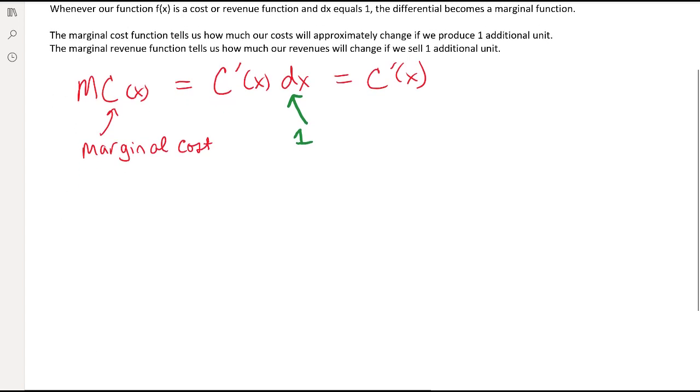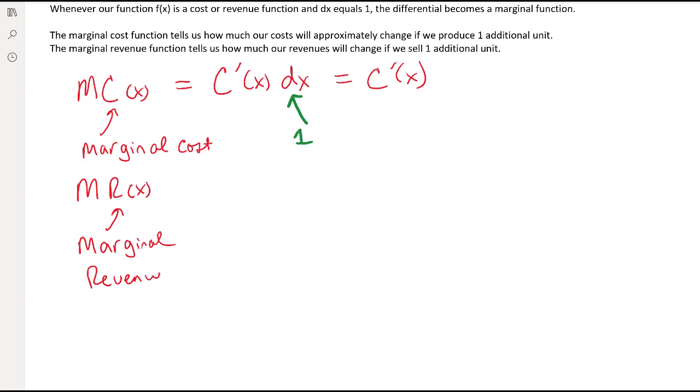In that exact same vein, MR of x denotes marginal revenue. For the same reasons, marginal revenue is simply the derivative of your revenue function, because remember, dx is 1 already.